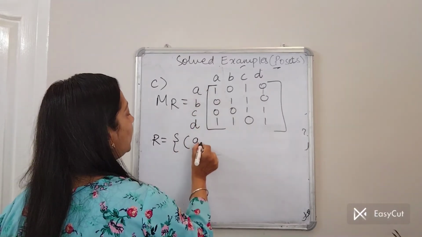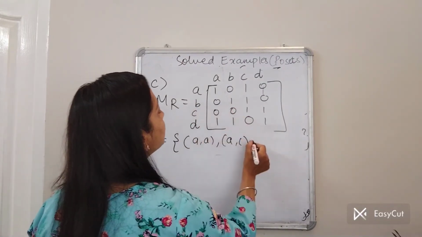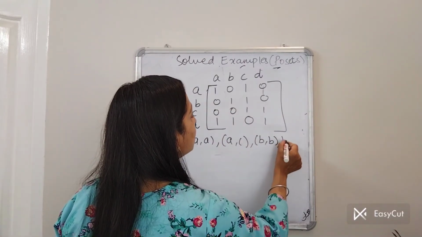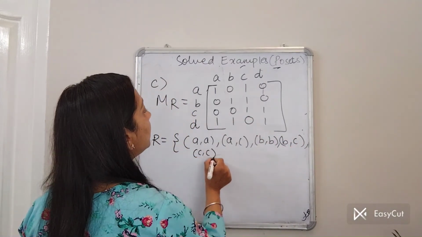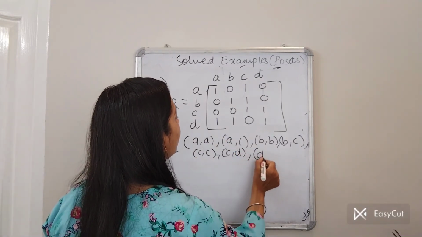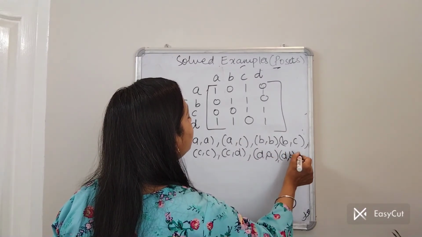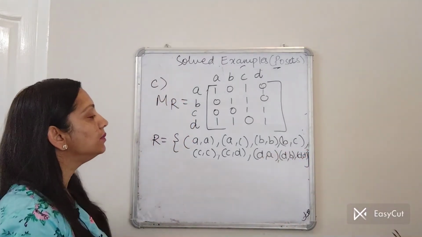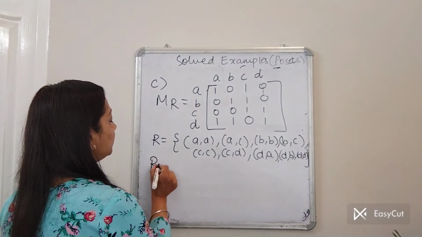So now I can clearly determine my relation set. It is A comma A, then A comma C, then B comma B, then B comma C, then C comma C, and then C comma D, then D comma A, and D comma B, and D comma D. I can clearly see that for all the elements of this set, an ordered pair A comma A exists in the relation.